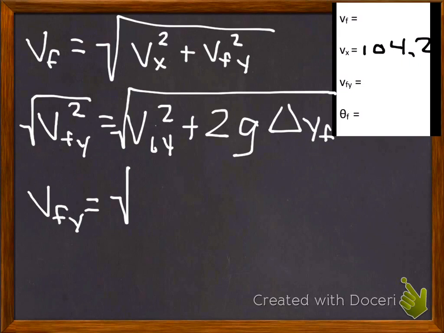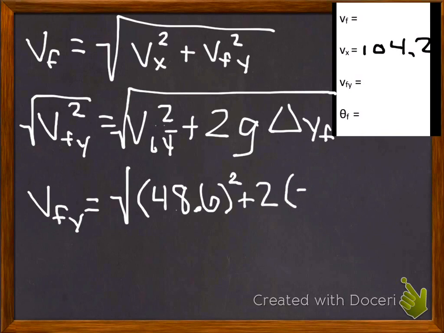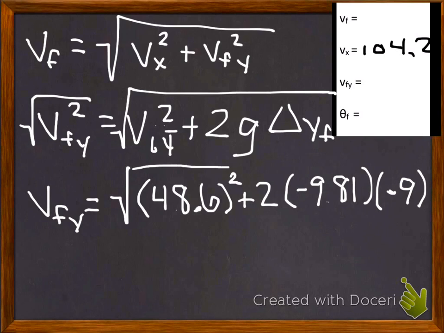let's remember to start our square root. So we said for VIY just a minute ago that it was 48.6 meters per second. And remember, we have to square that. And then we add 2 times g, which you hopefully remember by now is always negative 9.81 meters per second squared. And the final change in height, remember that was given in the problem, it's negative 9 meters.